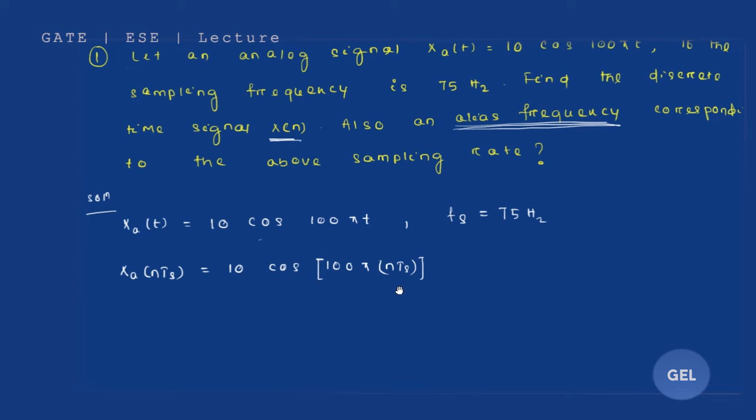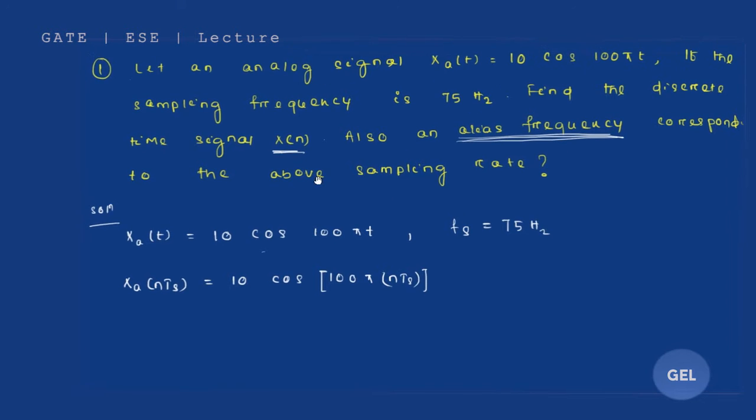What is this 100 pi actually? What is this 100 actually? 100 is the frequency corresponding to this analog signal. It is asking to find the frequency of the analog signal which is alias to this analog signal. So that is what it is asking for.